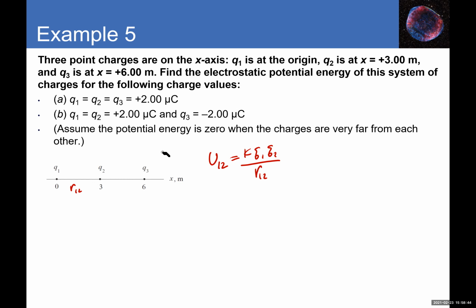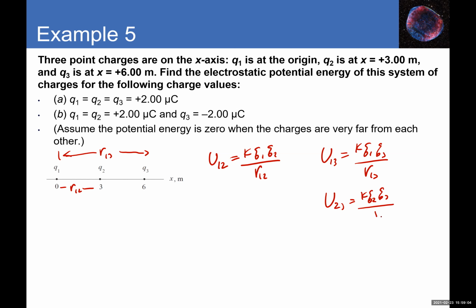And then I bring Q3. Then I have U13, which is K Q1 Q3 over R13, which is this one. And then there's also U23, which is K Q2 Q3 over R23, which is this distance.